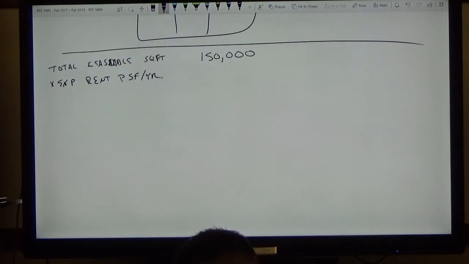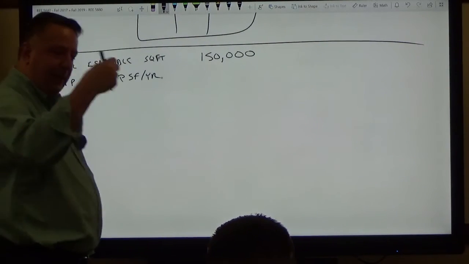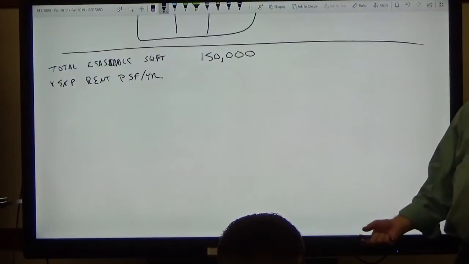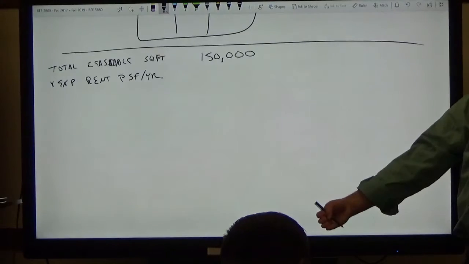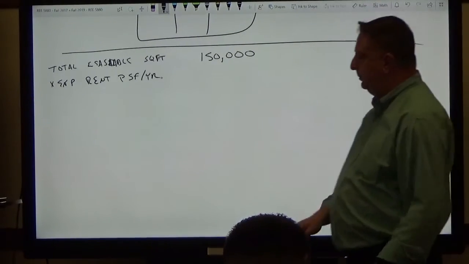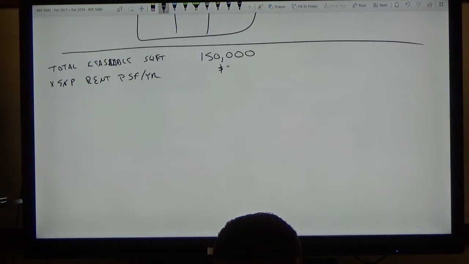So here's where now you would go out and look at what the market is telling us the rent would be for a property of that particular type that we want to build. Let's just say that our expected rent per square foot that we could find out in the market is 30 bucks.